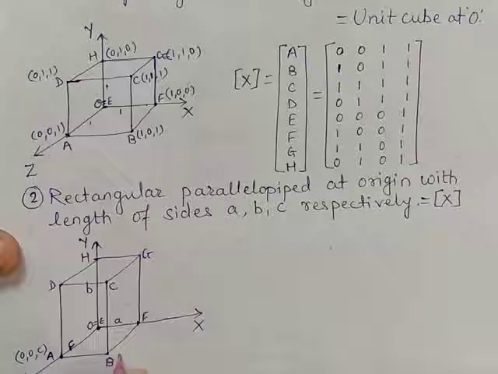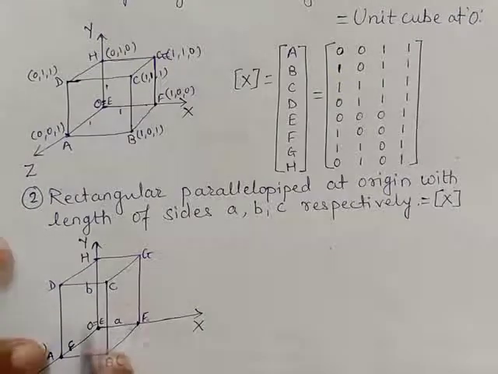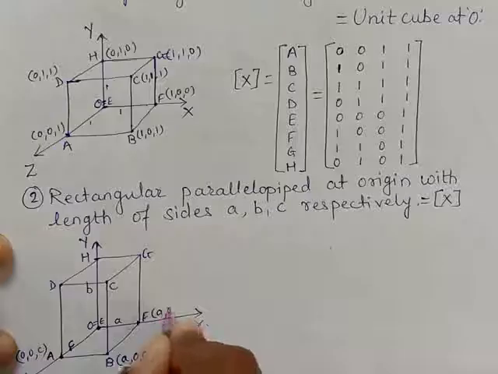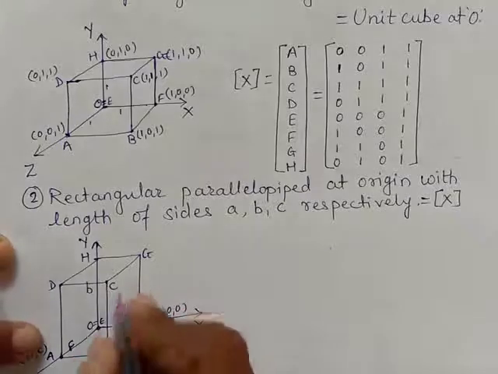What about point B? It is on the xz plane. X is A unit because this distance is parallel to this one. Z has C unit because this is parallel to this C. Y is 0. F is on the x axis, so A, 0, 0. Origin is known to us, right?